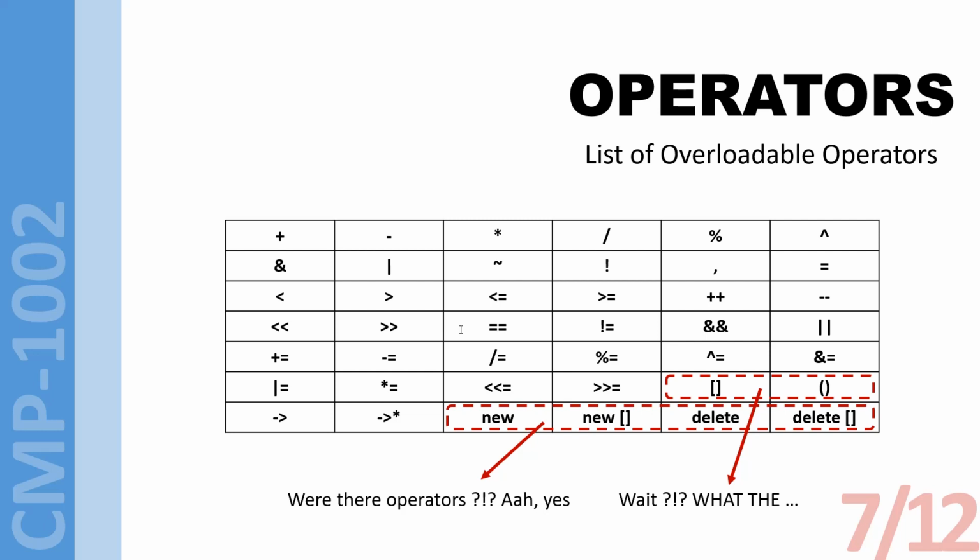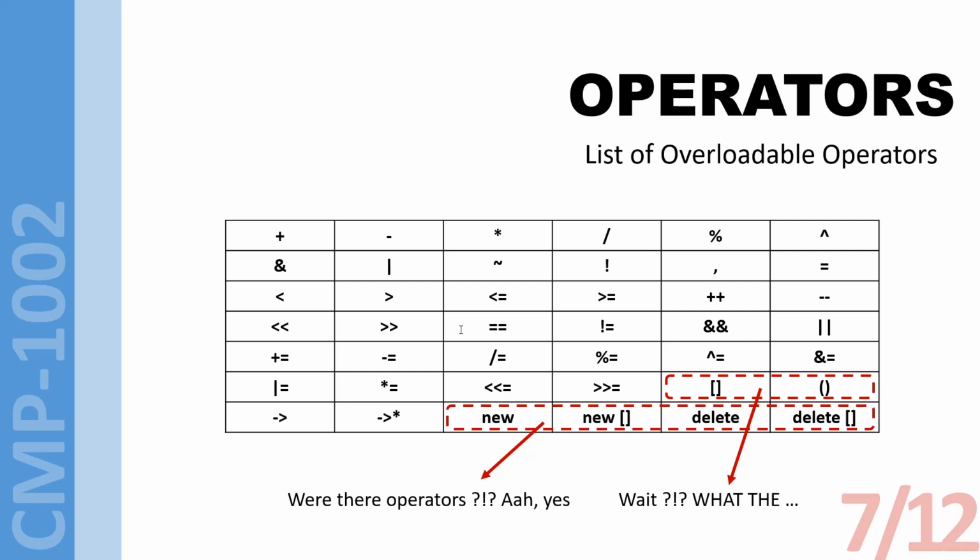And the more sophisticated operators you go, the meaning of overloading an operator will become very weird. Technically, you can overload new and delete. Unlike the plus and minus sign, the new and delete operators are already there. The square brackets are also there, and the regular parentheses are also there.